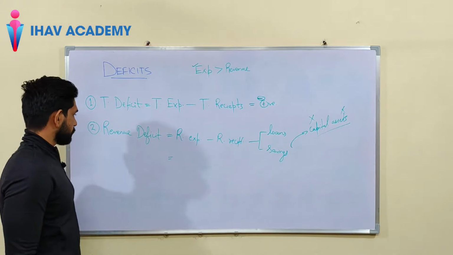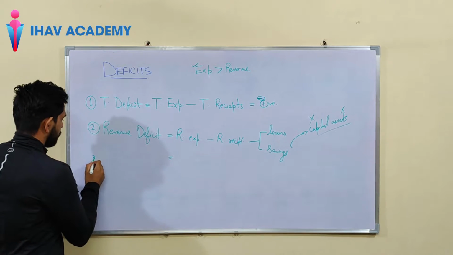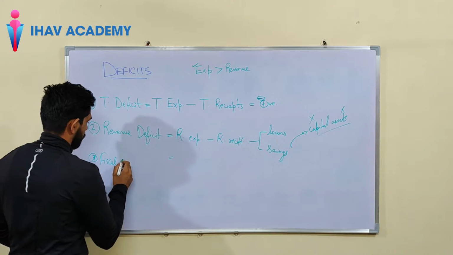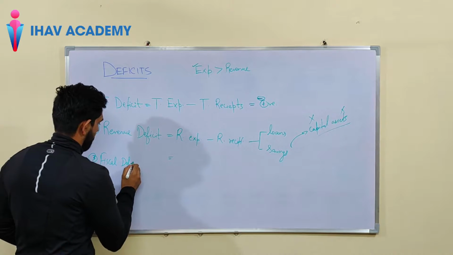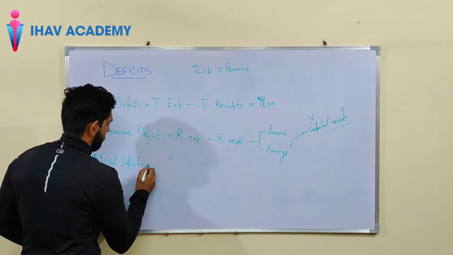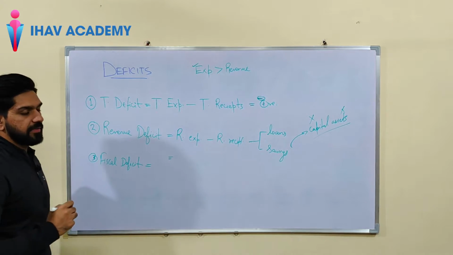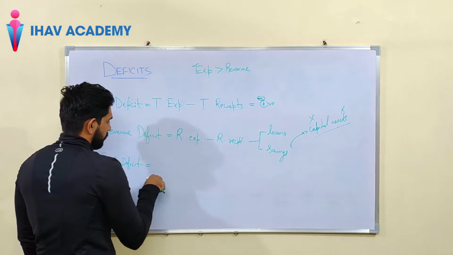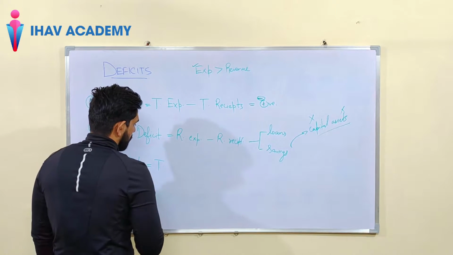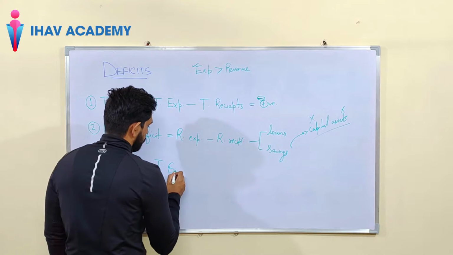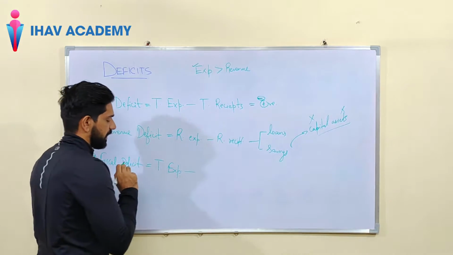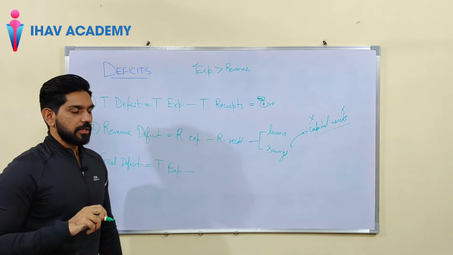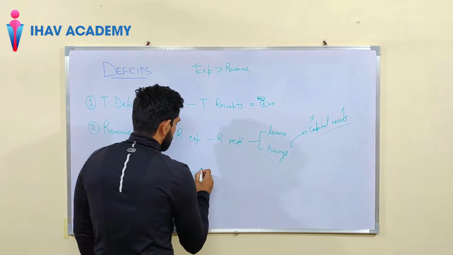समझ में आ गया आपको? एक और देखते हैं, the famous one. Fiscal deficit. The formula of fiscal deficit is total expenditure. We are not touching the expenditure part. But in the revenue part, we are excluding something. What are we excluding?